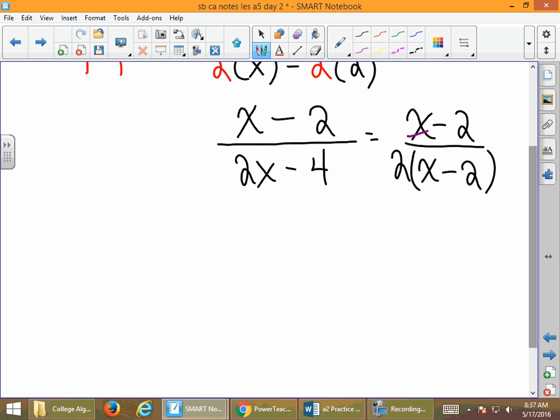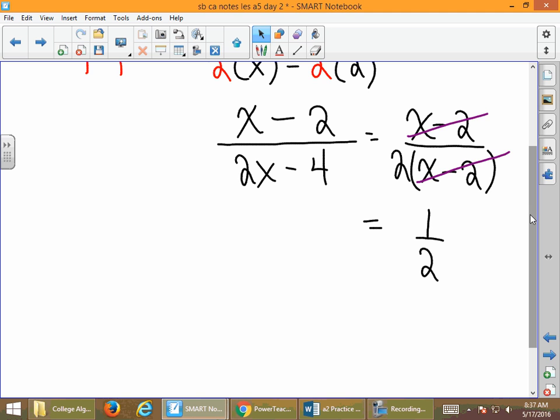Well, x minus 2 and x minus 2, which means when we finish here, we end up with 1/2. Because I'm teaching you a shortcut method, I didn't teach you the long way first. It takes a couple of examples to see, but I think we'll be fine by the end.